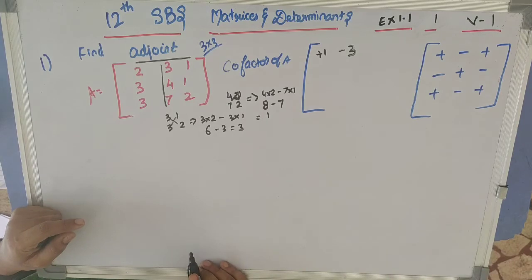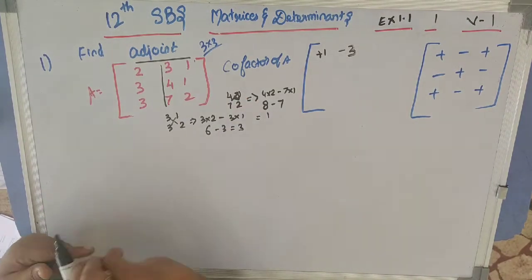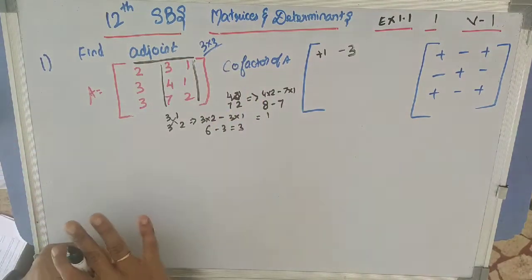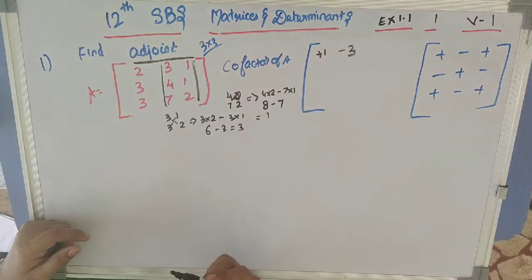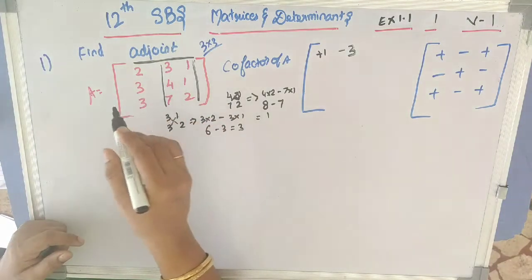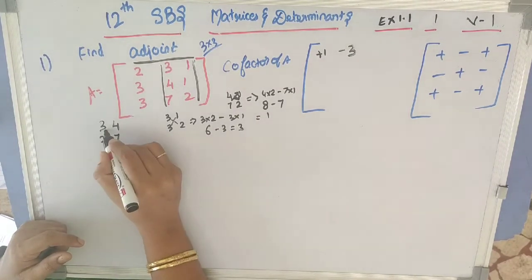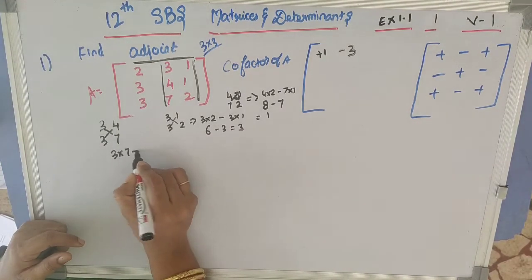Okay? Now we have to find the cofactor of 1. Where is 1? It is in row 1 but column 3. Eliminating the row 1 and column 3 numbers, what is remaining? It is 3, 4, 3 and 7. I am going to cross multiply 3 into 7 minus 3 into 4.